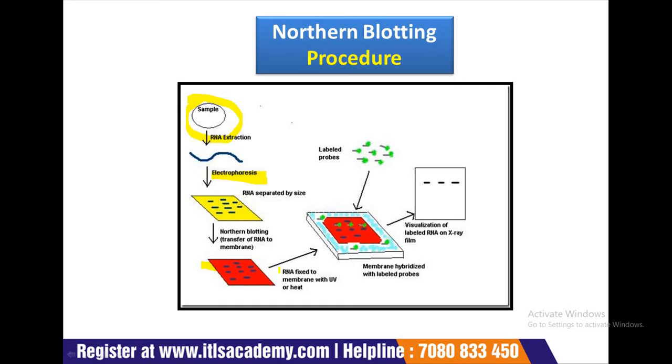So, the transfer operation is done by keeping the gel in the following order. First, the agarose gel is placed at the bottom of the stack, followed by the blotting membrane. On top, paper towels are placed, and a weight or glass plate is placed over them.